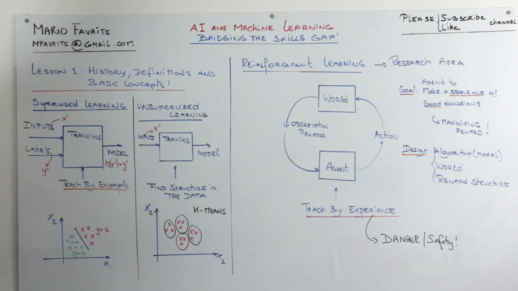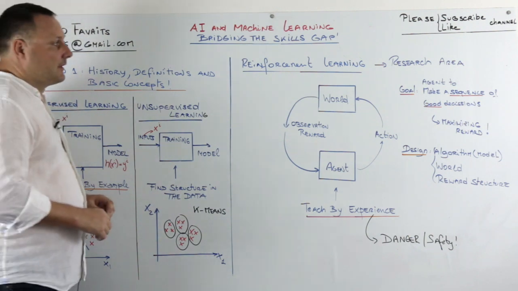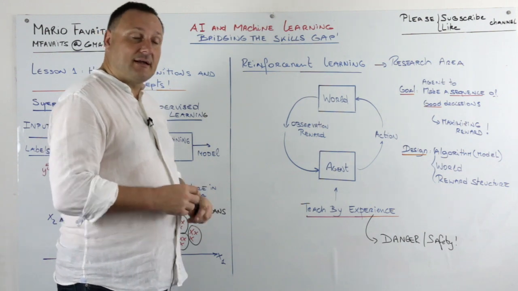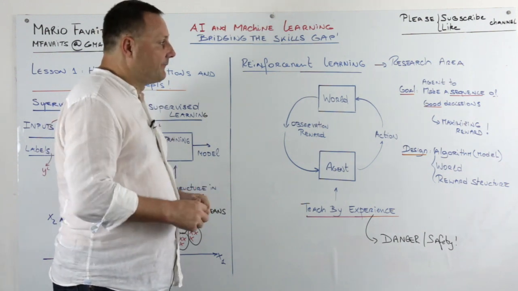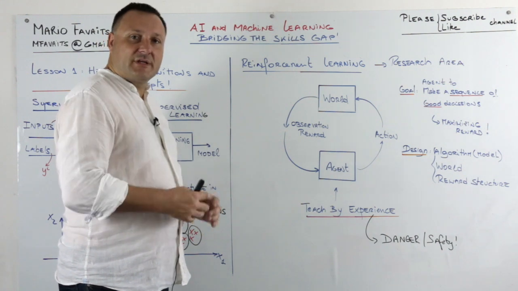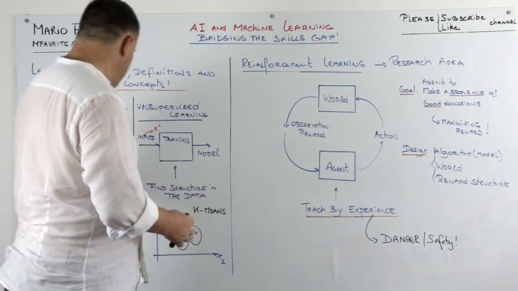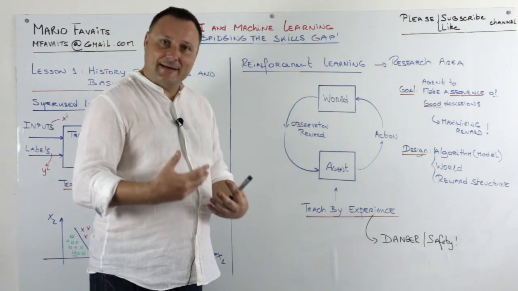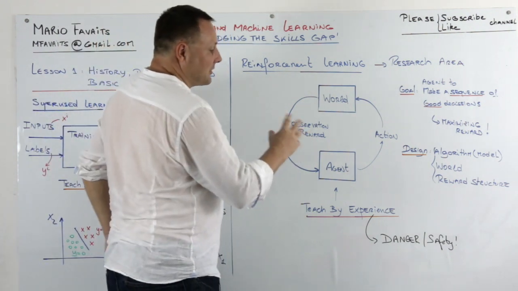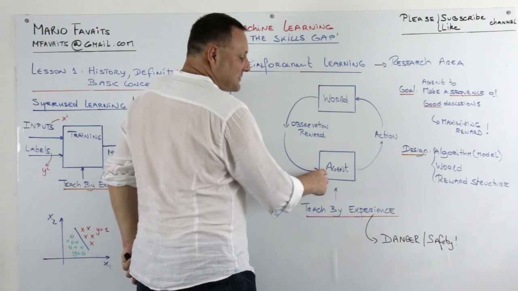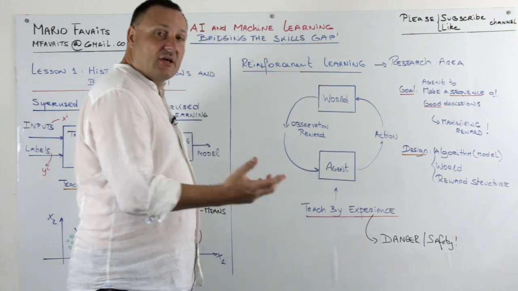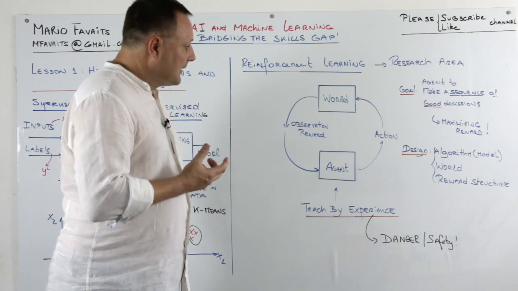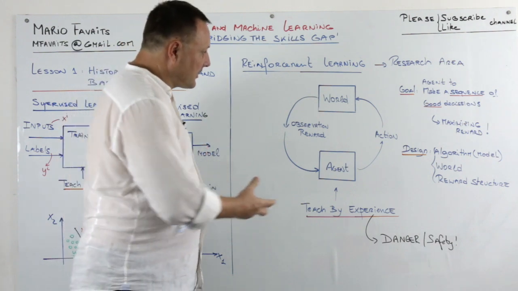Okay, now reinforcement learning. Reinforcement learning is quite hot at this time. It's a research area, and it takes machine learning to the next level. Where in supervised learning, you teach the machine by example. In reinforcement learning, you let the machine make observations and learn from these observations. Basically, this is a structure.